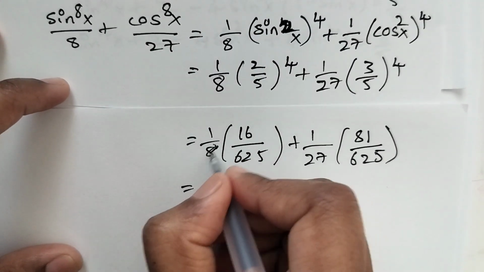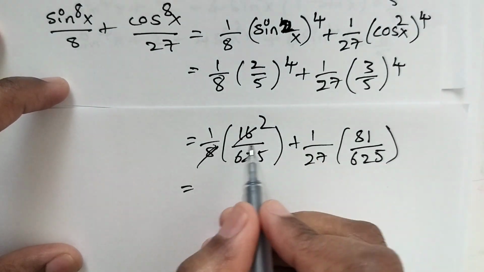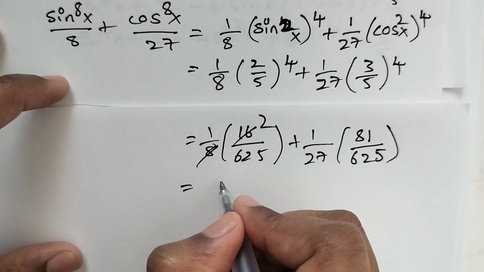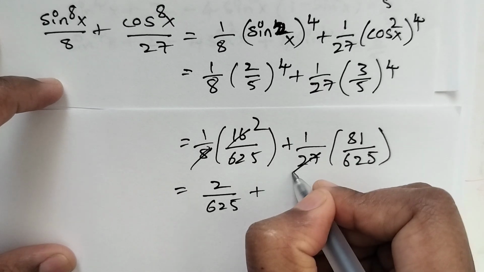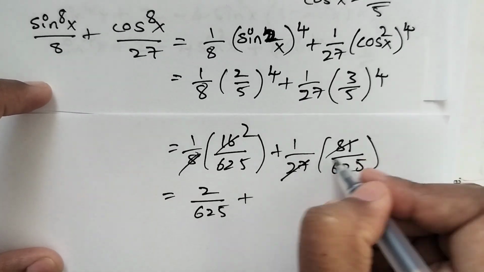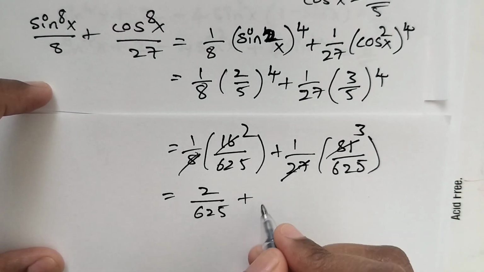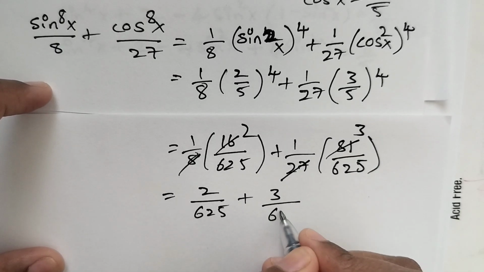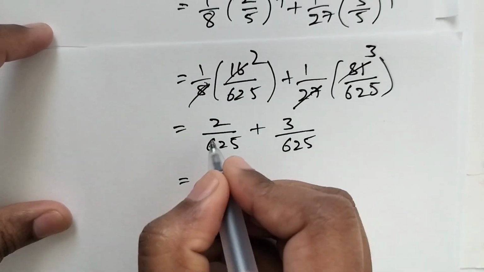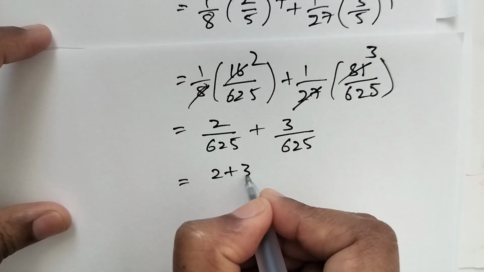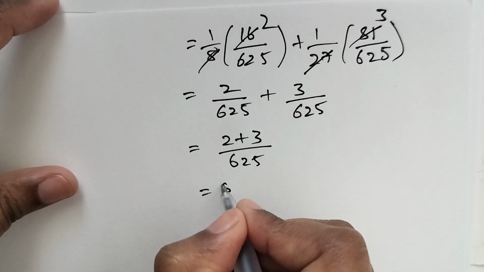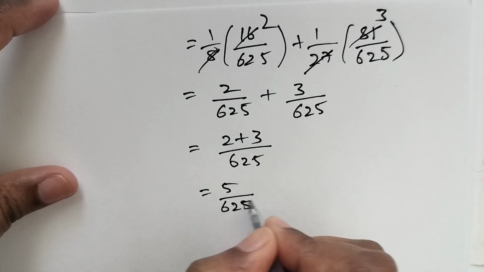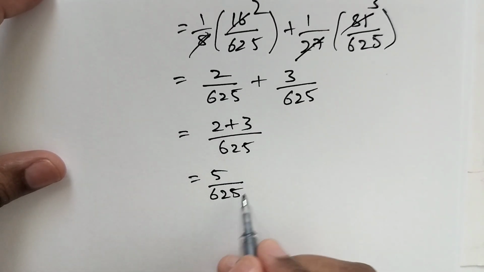So here 8 times 2 is 16. So now it will be 2 by 625 plus, 27 times 3 is 81, so now it will be 3 by 625. So now we can write this as 2 plus 3 divided by 625, and 2 plus 3 is equal to 5. 5 by 625, so we can divide it by 5.